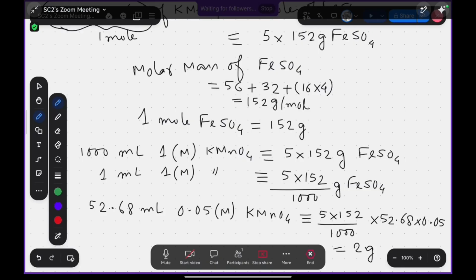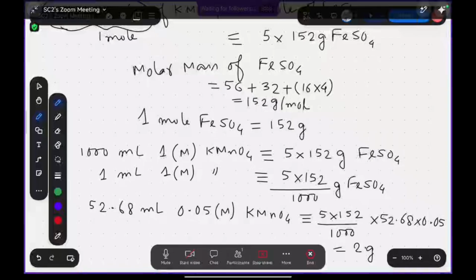So for solving any sum related to equivalent weight calculation or redox titration, you have to write the balanced equation first. What do you see from the balanced equation? That for 1 mole KMnO4, 5 moles ferrous sulfate is oxidized.